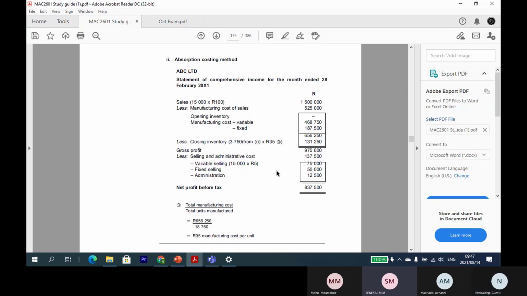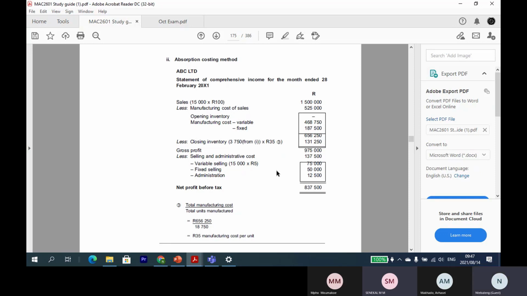The fixed costing, I worked it out: I took the total amount that they gave, divided by 18,750, times the 15,000 units, and it came to 150,000. So the cost of sales is 525,000, which is more than the direct costing method.